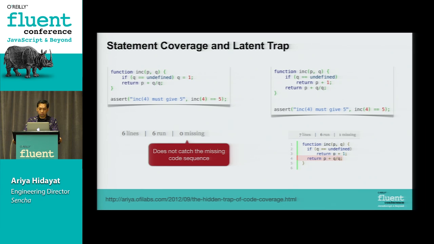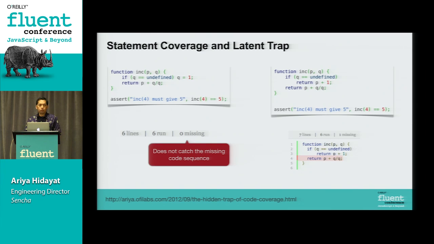As I run this increment function, I don't specify the value for Q, and therefore it becomes 1. If you write this particular code like in the right code block, then you'll see one problem because the one line there is not executed with my very minimalistic test case.